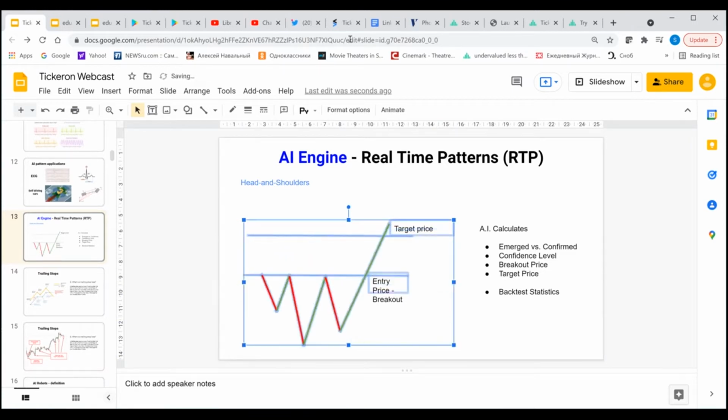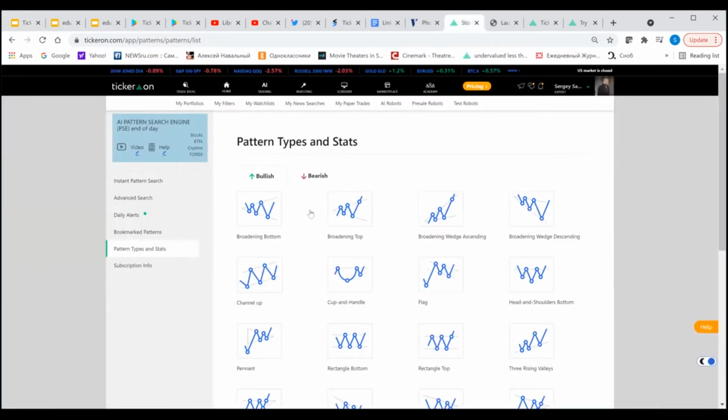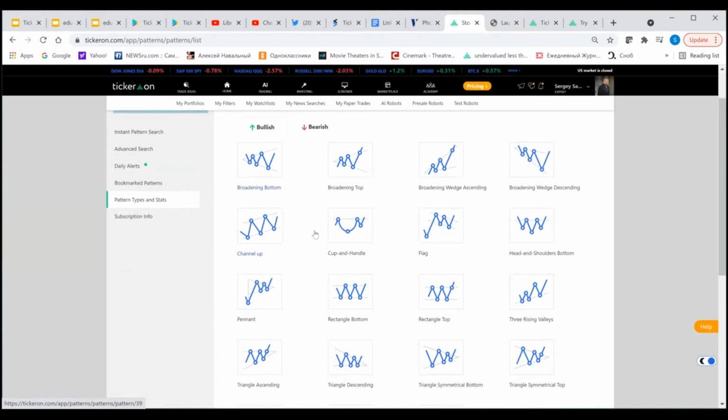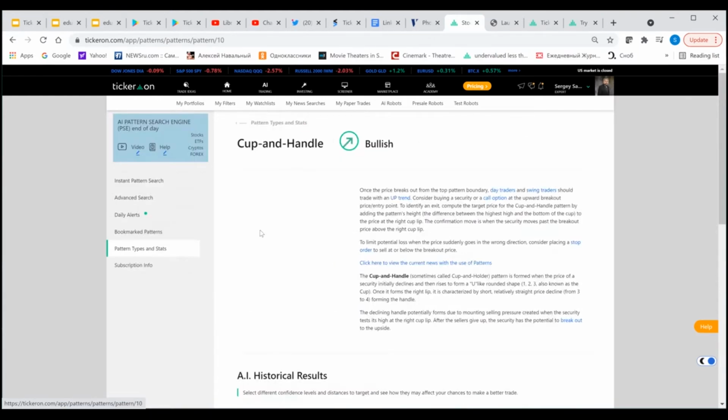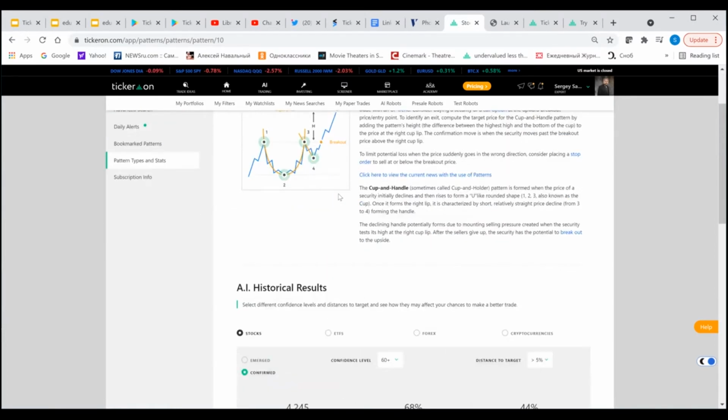For these different shapes, we do millions and billions of backtests. Looking at this cup and handle, it gets to the one point, tries to break that resistance line, goes up, and then breaks it. That's the breakout, so that's where you buy, and that's the target price where you sell.